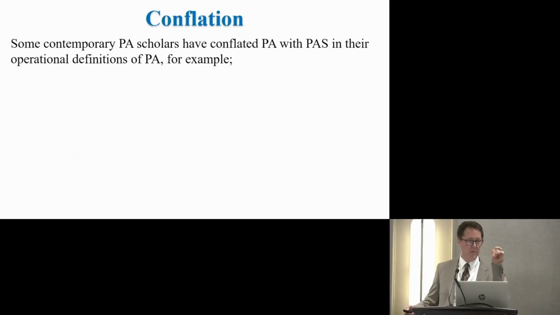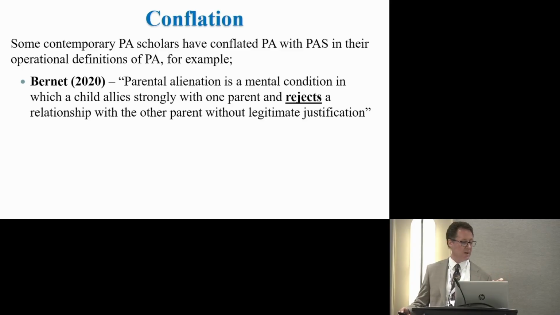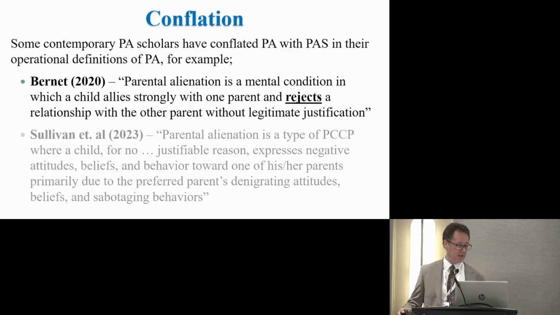Some contemporary PA scholars have conflated PA with PAS in their operational definitions of parental alienation. For example, Burnett in 2020, quote, parental alienation is a mental condition in which a child allies strongly with one parent and rejects a relationship with the other parent without legitimate justification.